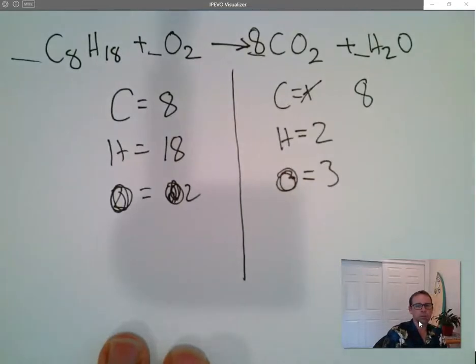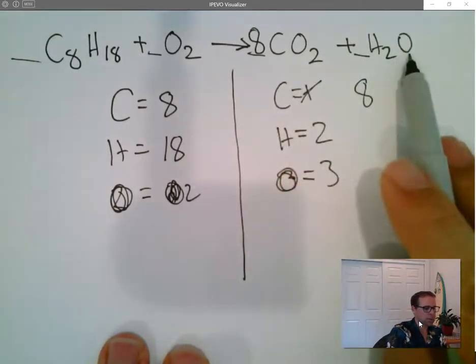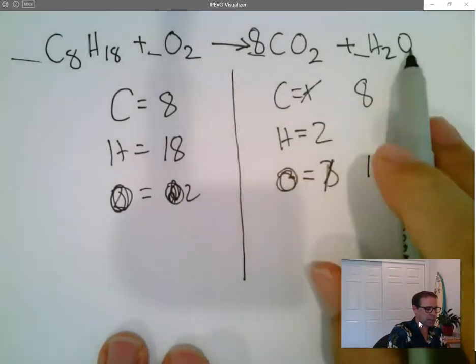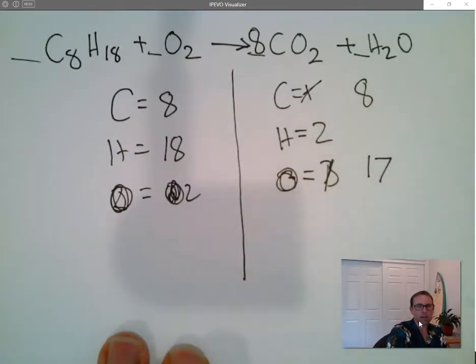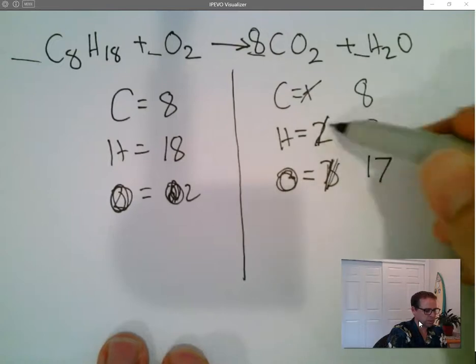It would be 16 there on the right. 16 here, but you have to include that one for now, right? Oh, that's right. It's still okay. Good. So how about hydrogens? Did we change hydrogens? We haven't changed it yet. So it's still 2.